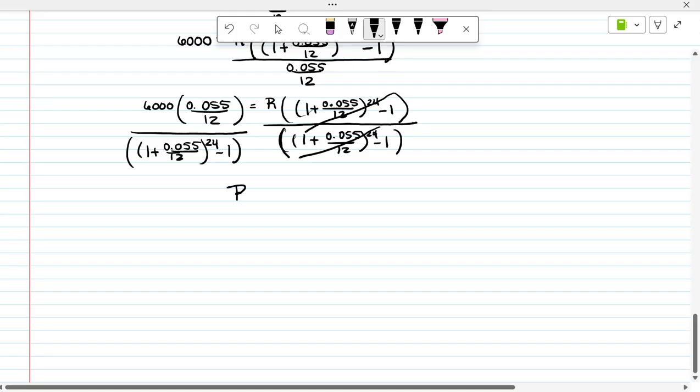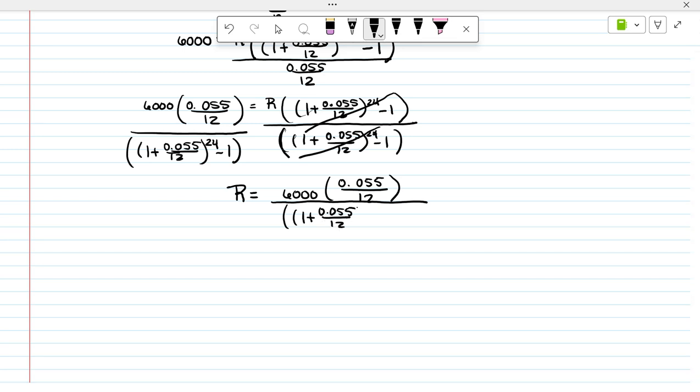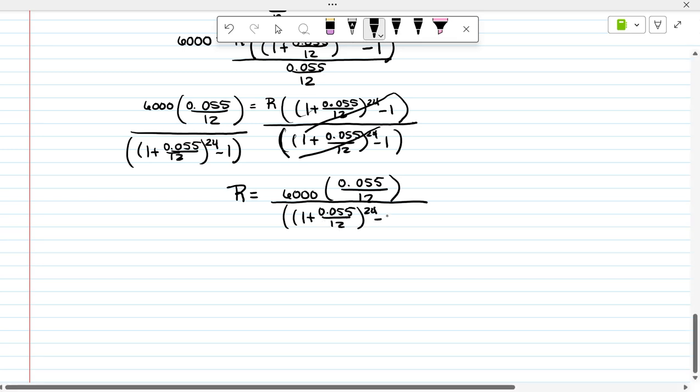I'm going to write it nice where you can kind of see it. I'm saying 6,000 times 0.055 over 12, all over 1 plus 0.055 divided by 12 to the 24th power minus 1.